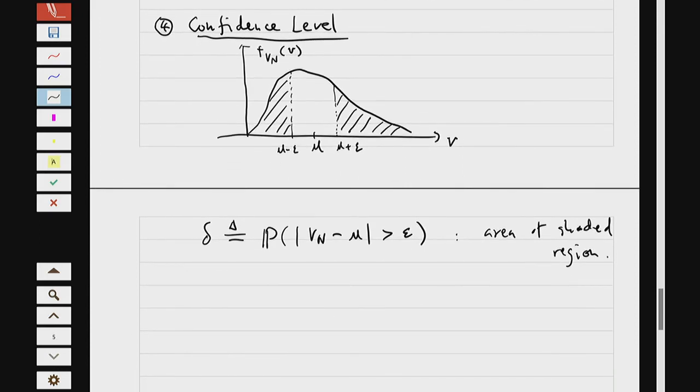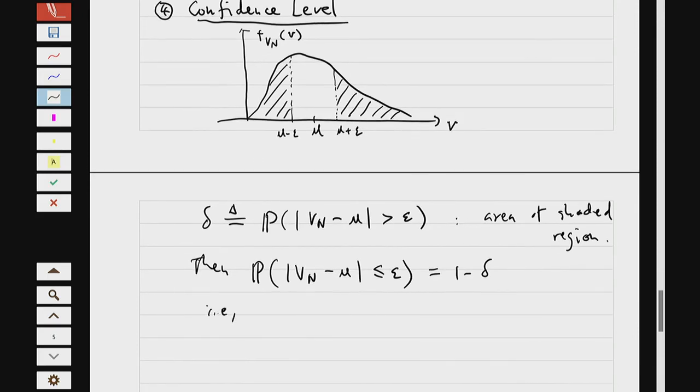With this definition, the probability that we're within the bound, less than or equal to epsilon, equals 1 minus delta. In other words, 1 minus delta is our confidence level. We are confident that our estimate is within epsilon of the true mean value that we want to estimate.